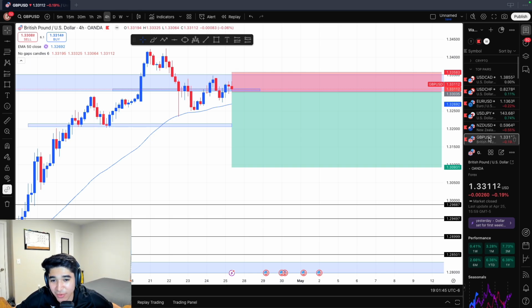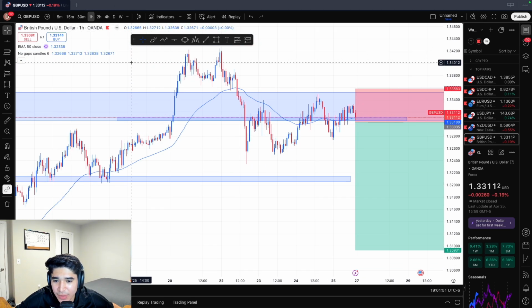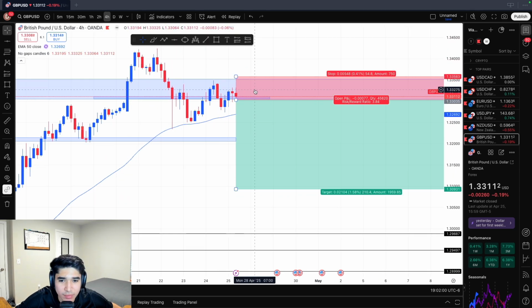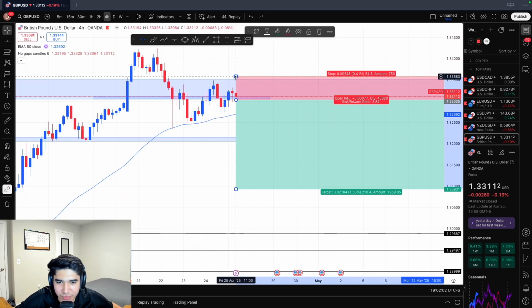I could have even taken this off, and I'm pretty sure this all looks better. But just to break it down, if anything, I like this area a lot. This could actually be one quick take profit if you get a good stop loss.